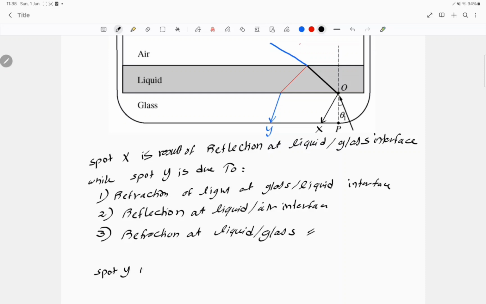So spot Y is less bright for two reasons.